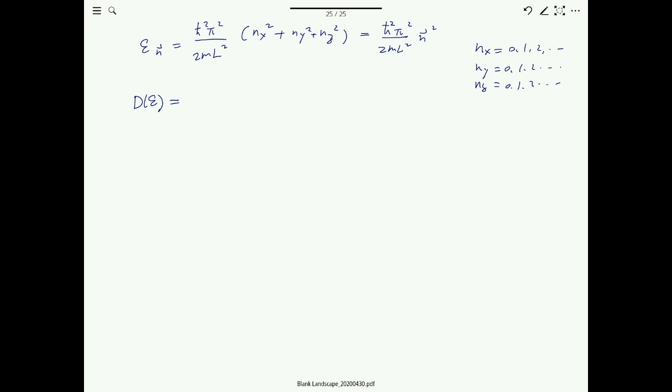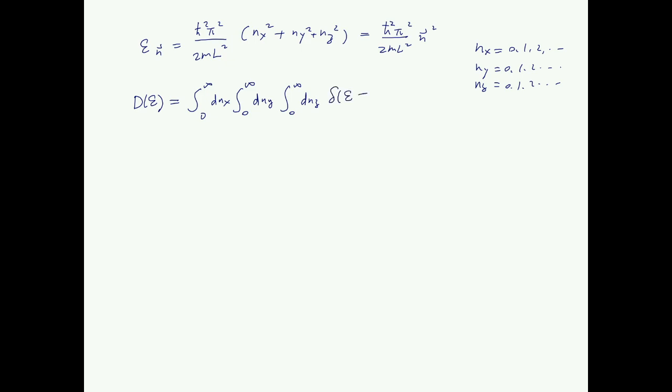So I convert this summation to a continuous limit. Now nx goes from 0 to infinity, ny goes from 0 to infinity, and nz goes from 0 to infinity. What is my delta function transformation? I have the energy, and how the energy depends on my n vector.